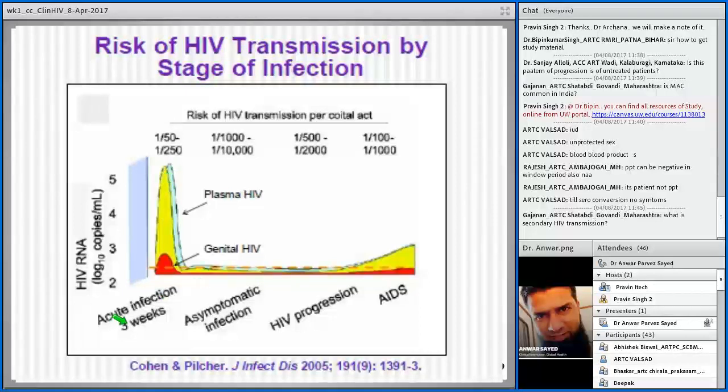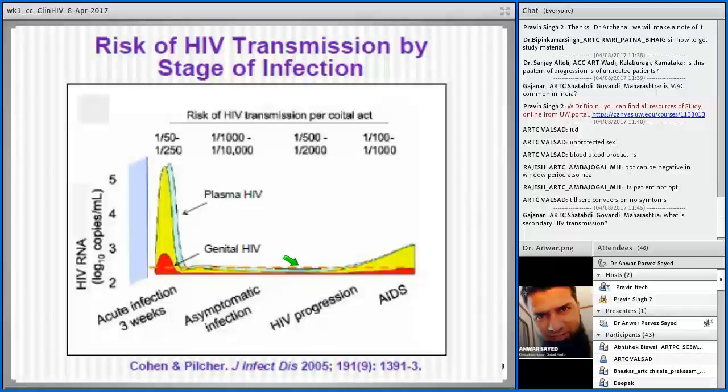So if you see here, in the first few weeks of acute HIV infection, the transmission risk is really high, because viral load will be very high at this stage and the antibody based test is negative. So even if before surgery you do HIV testing and the report is negative, people should actually be more worried than about a person at the stage where the viral load is low and the antibody test is positive.